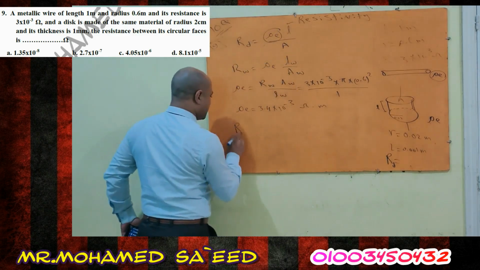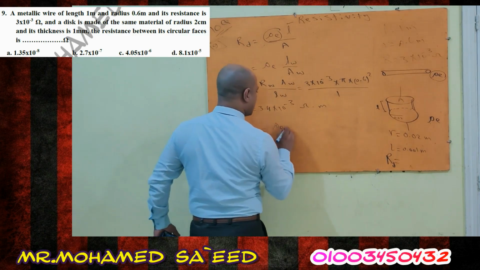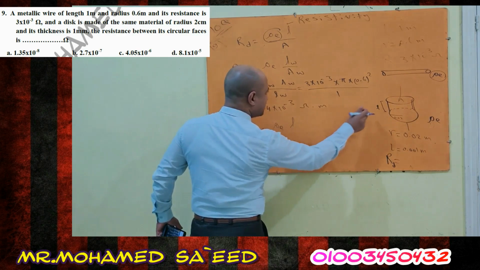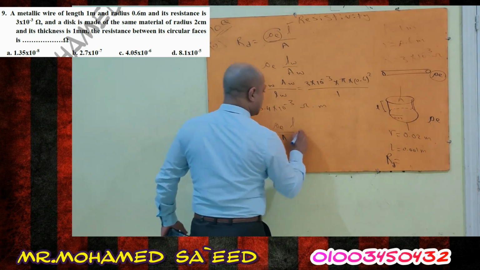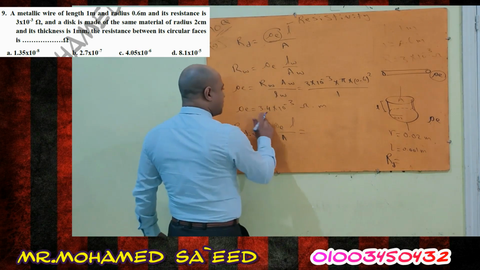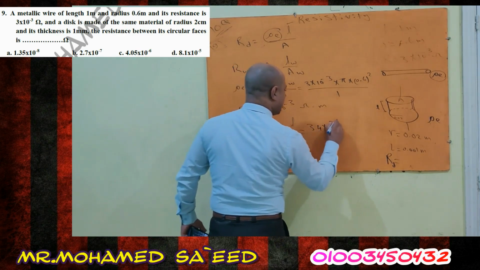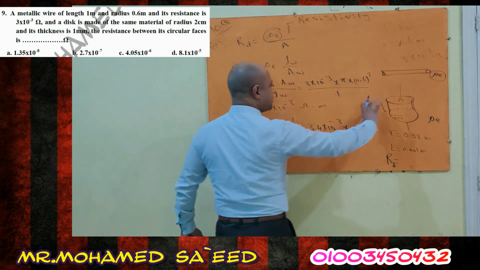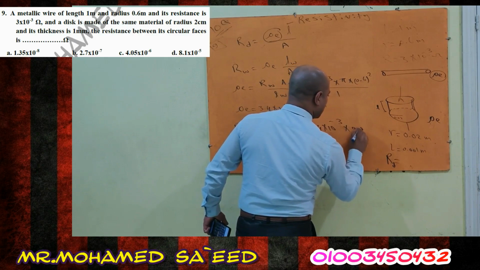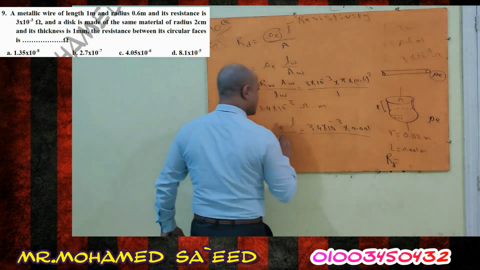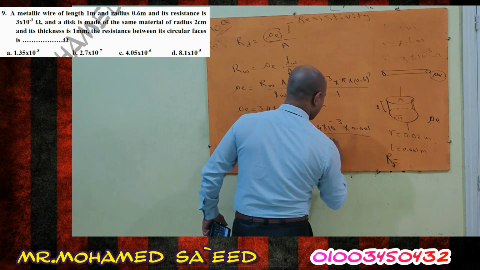So R of the disc equals rho of the disc times L, the thickness of the disc, over the area of the disc. Rho equals 3.4 times 10 to the power negative 3, times the thickness, which equals 0.001, over the area, pi times R squared.